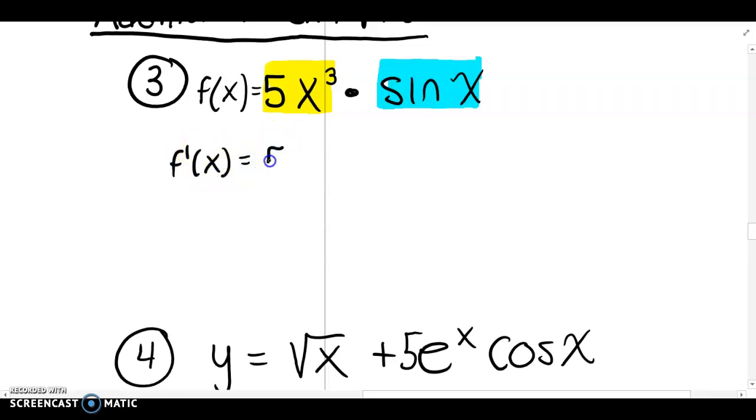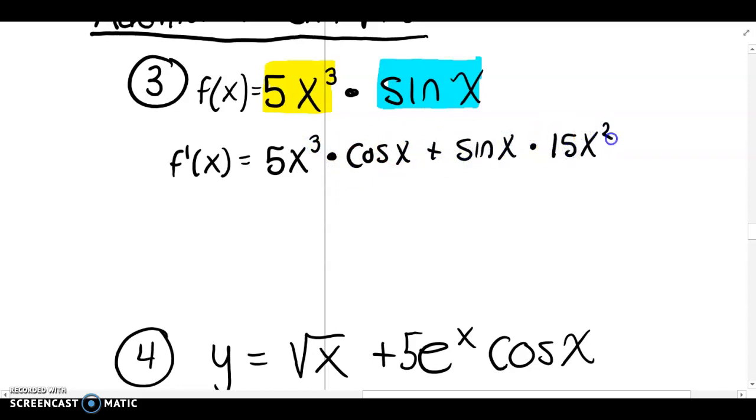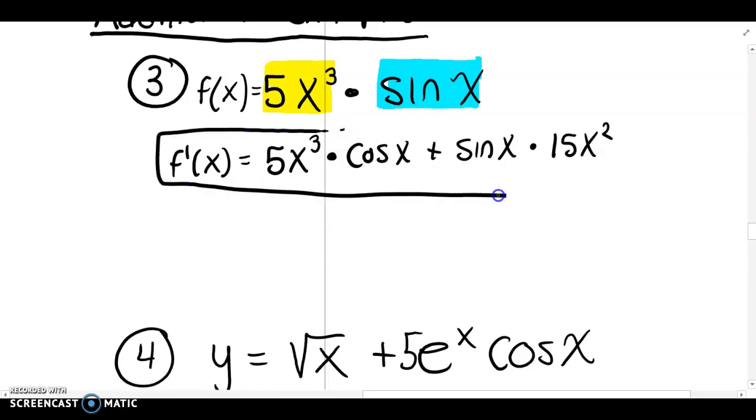It's going to be left times d right, so that's cosine x, plus right times derivative of left, and that's 15x squared. There's not going to be much for you to do to simplify this. Pretty much, I'm going to probably just leave it like this. Typically, we like to put 15x squared in front of the trig function, so maybe I write 15x squared in front of sine x, but that's not really a huge deal.